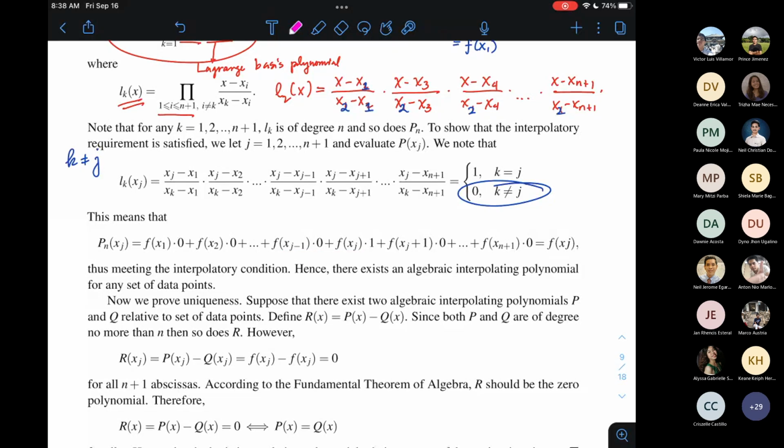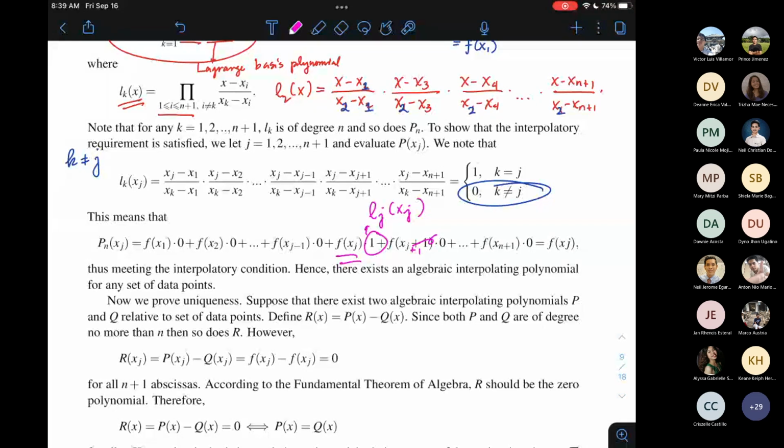May typo, dapat ito ay plus 1 sa index, alright? Tapos sabi natin, nagiging equal lamang yung Lagrange basis polynomial sa 1 kapag parehas yung index. So ibig sabihin si f of xj, siya yung may katabing lj of xj, saka lang naging 1 yung value.